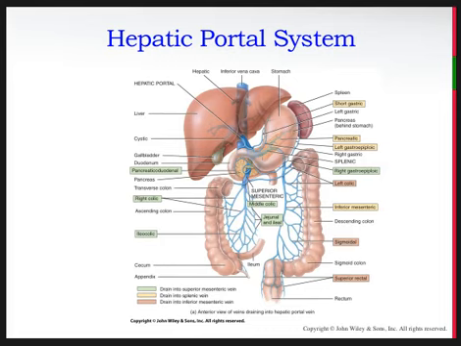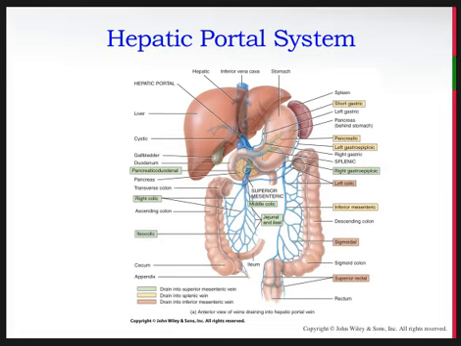The hepatic portal system is an interesting subdivision of systemic circulation. What it does is it detours venous blood from the GI tract to the liver on its way to the heart. So instead of coming from the GI tract directly to the heart, we take a little detour and visit the liver on the way.